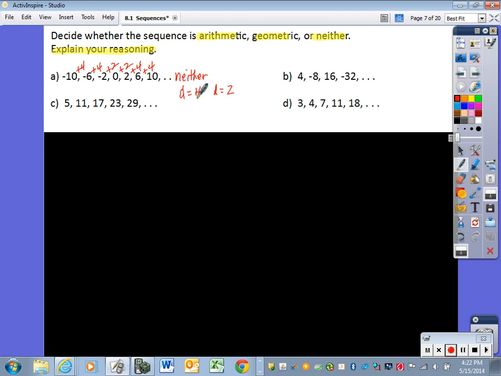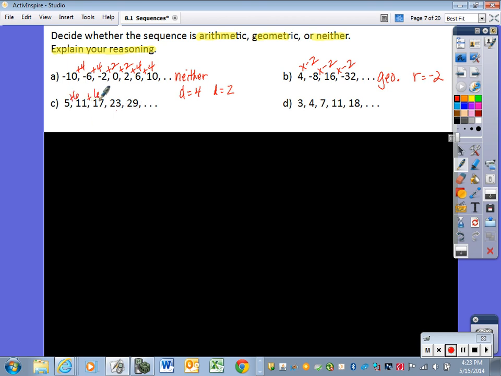So let's try B. 4, negative 8, 16, negative 32. Times by negative 2, times by negative 2, times by negative 2. So it is geometric, since the ratio is negative 2. Next one, 5, 11, 17, 23, 29.